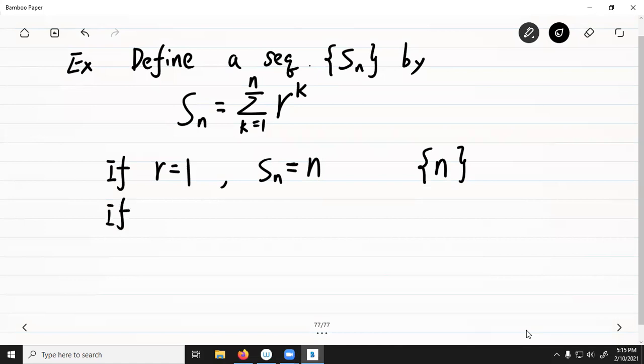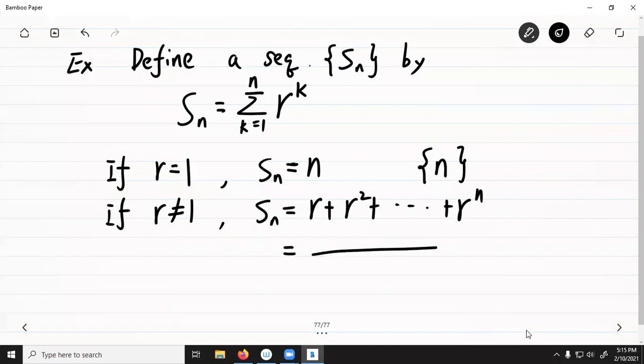If r is not equal to 1, we can use the geometric sum. So S of n is equal to what? This is r plus r squared, plus up to r to the n. This is the geometric sum. So this is equal to r over 1 minus r times 1 minus r to the nth power.